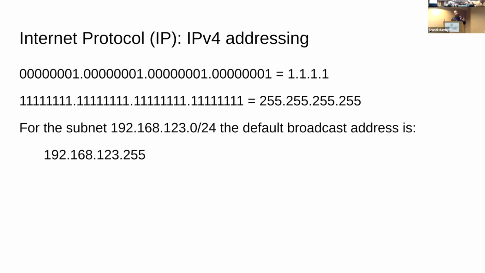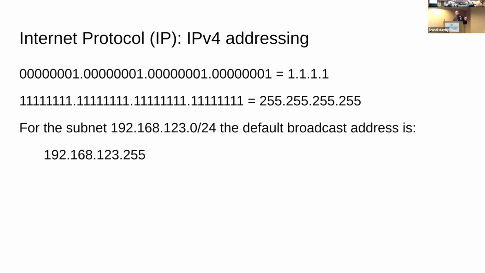The first address here, as the example here, is 192.168.123.0/24. That /24 is a 24-bit subnet mask. This is what's called CIDR notation. Up until that /24, that's the IP address that defines the subnet.